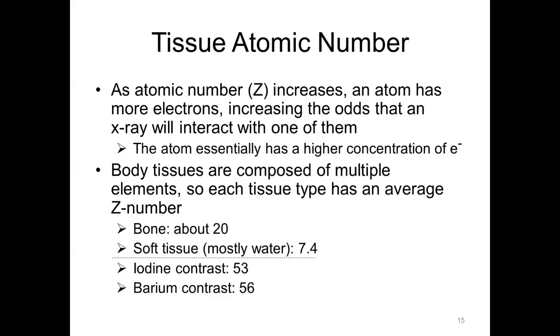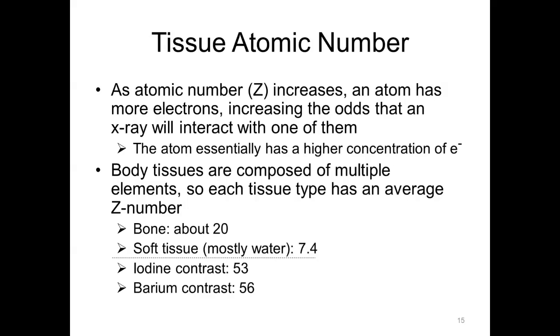How does this relate to attenuation? Well, as your atomic number increases, as you've got more protons on an atom, it has more electrons. Essentially, you have a higher concentration of electrons the higher the atomic number.